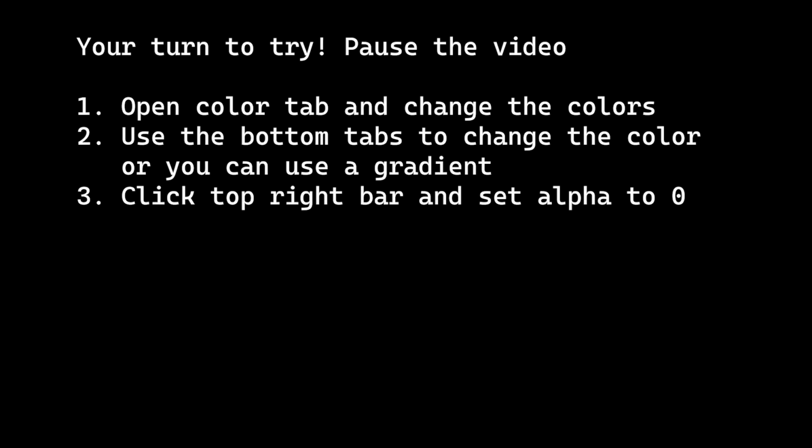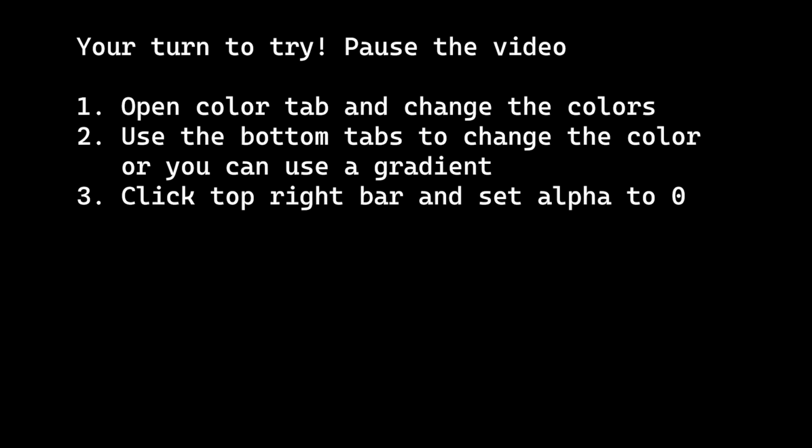Open up the Color over Lifetime tab and click on the white bar to change the colors. Use the bottom tabs to change the color. If you want to, use a gradient or keep it a single color. Next, click on the top right bar and set the alpha to 0.